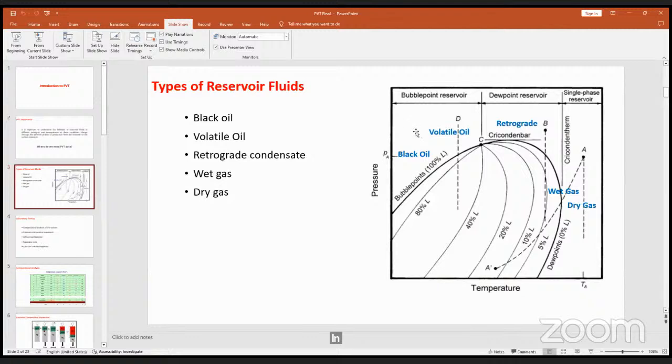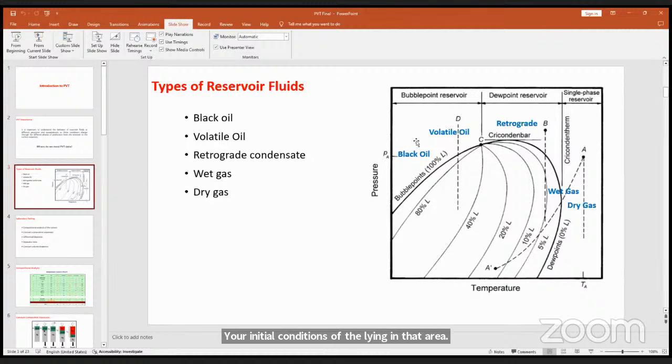So if your initial conditions of the reservoir lie in that area, you have an oil, you have a liquid in the reservoir. If your initial conditions of the reservoir lie in that area, then you have gas in the reservoir.